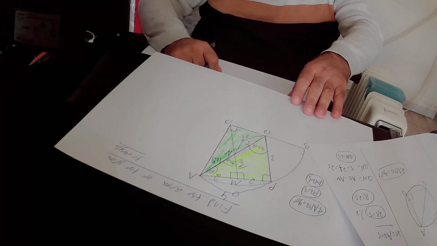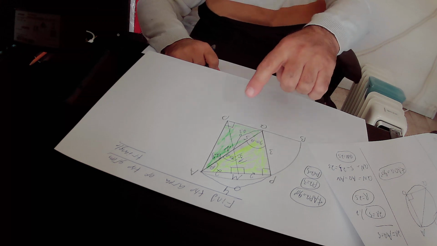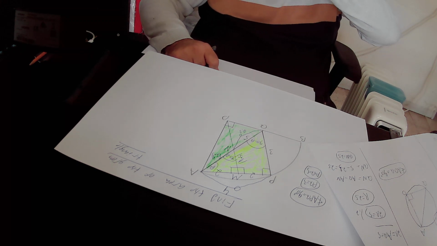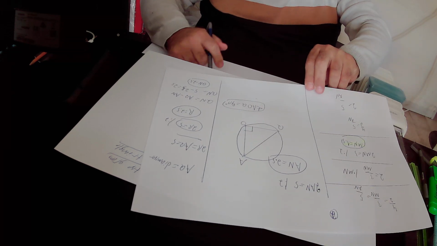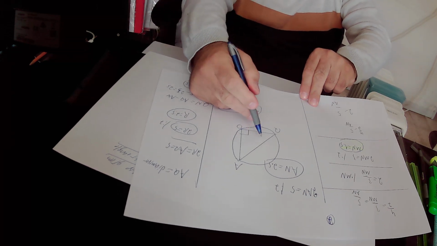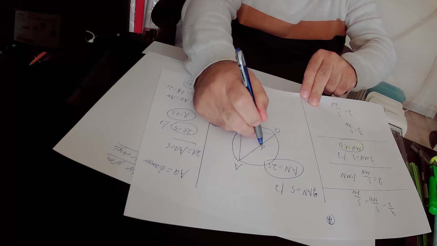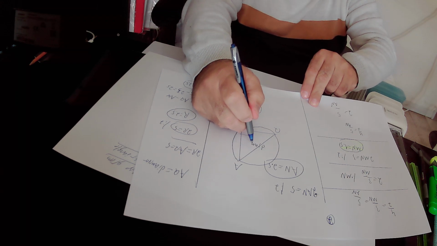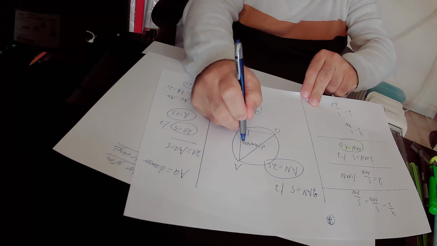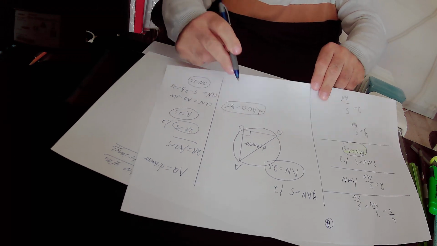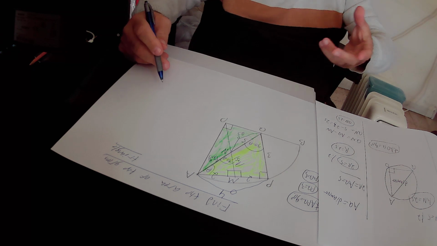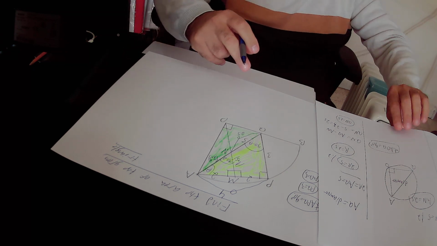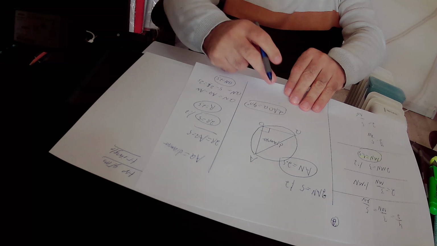But we actually found out that AQ, that is equal to 5 units, is the diameter of the circle. I write it down. AQ is the diameter of this circle. And we also found out that the radius of this circle equals 2.5.